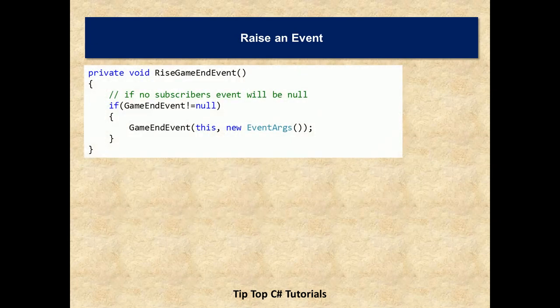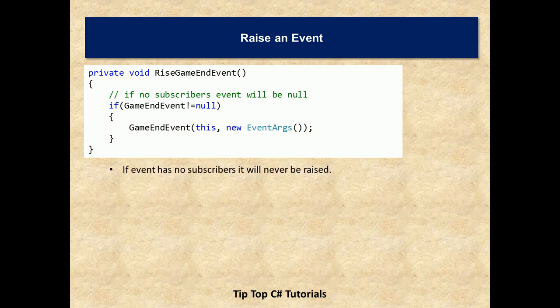How to raise an event? First you have to check that the event is not null. If the event is null, it indicates that there are no subscribers, so there is no point in raising the event. If it is not equal to null, it indicates that there are some subscribers and you need to inform them. Raising an event is simple enough.